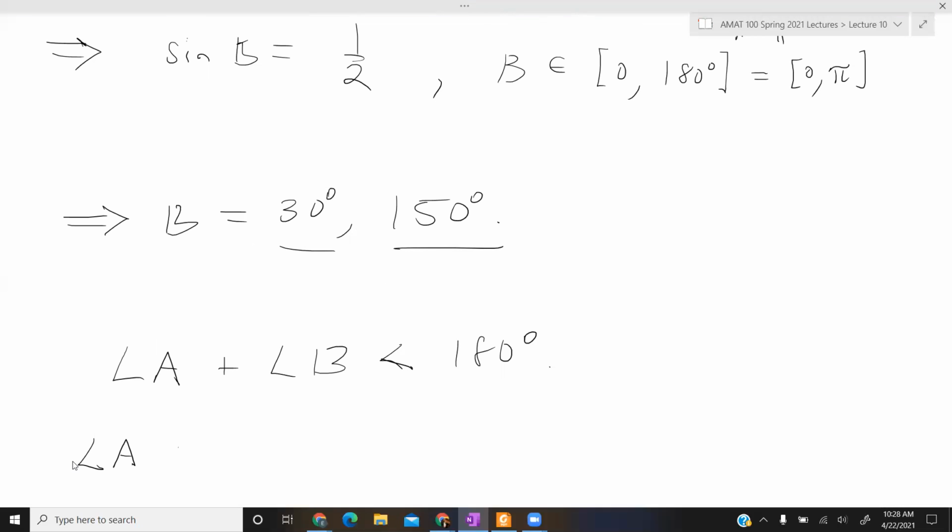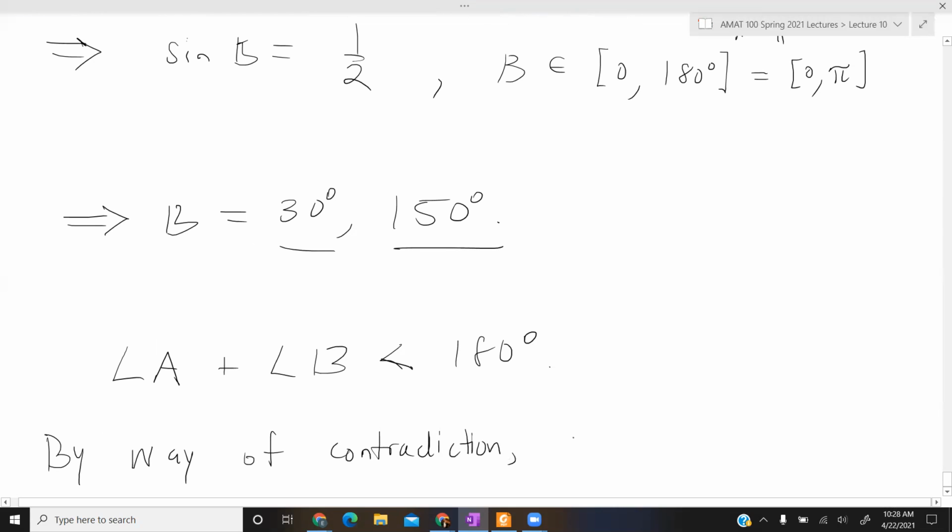This is basically like a proof by contradiction. So I'm going to write this out by way of contradiction. This is pretty formal at this point. We've been pretty formal. So by way of contradiction, suppose the angle B is equal to 150 degrees.